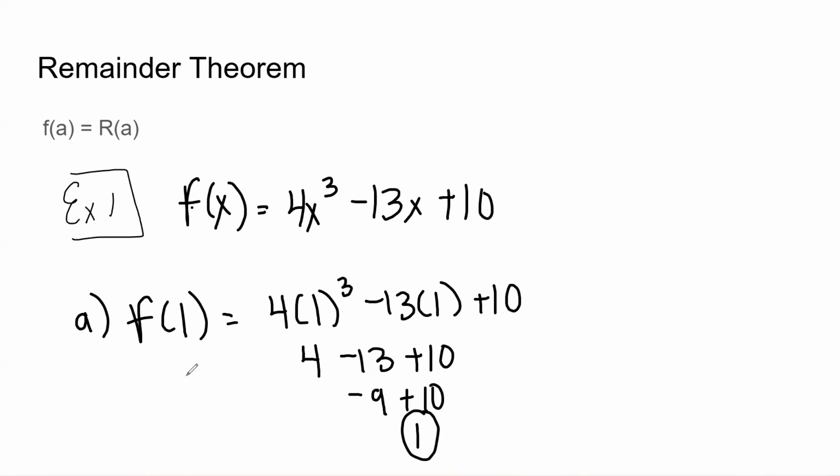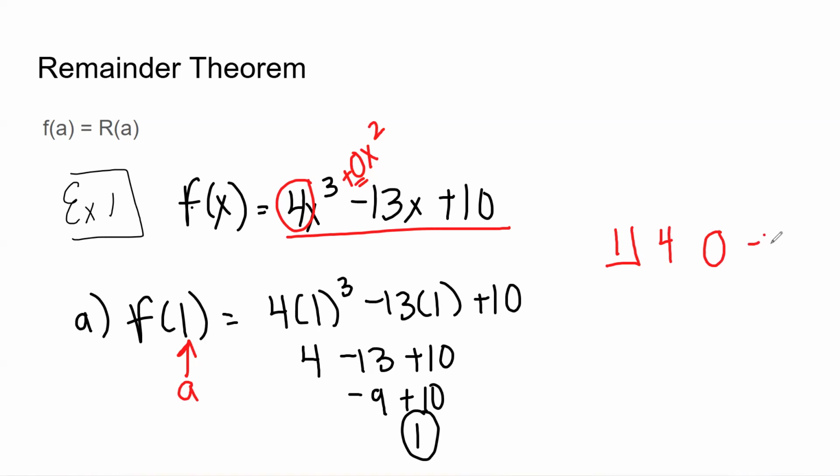So we take the value that we're doing, known as a, and that's going to go into synthetic. So we're going to put 1 in the box, or like I like to call it the timeout box. And now the coefficients. Now careful, we have 4x cubed. We have 0x squared. We do need that 0. If you don't put that placeholder 0, it won't work out right.